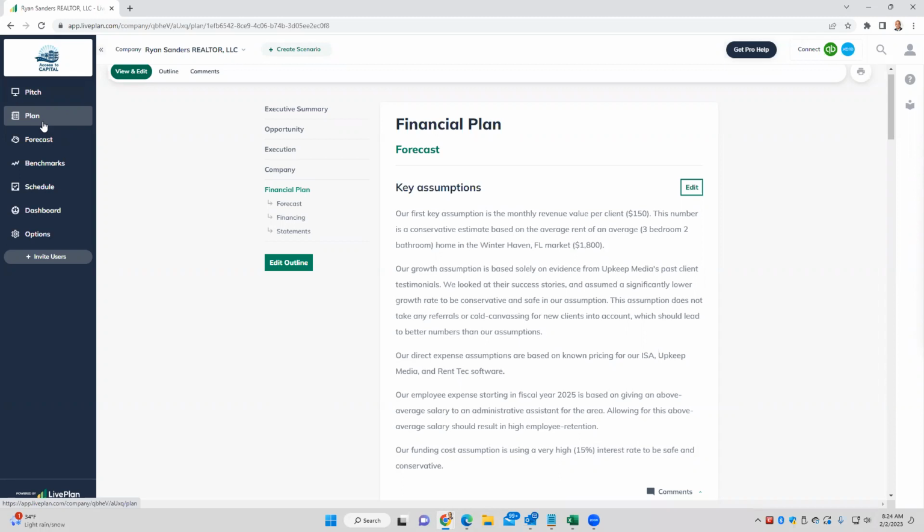Now, we can always change our plans in general or change our business plan specifically, but Tony's right. One of the benefits of this is it has people lock in on what is it they're doing. How are they going to make money? How much money do they want to borrow, and what are they going to use that borrowed money for? And can they afford to pay it back? So Tony, you're exactly correct.